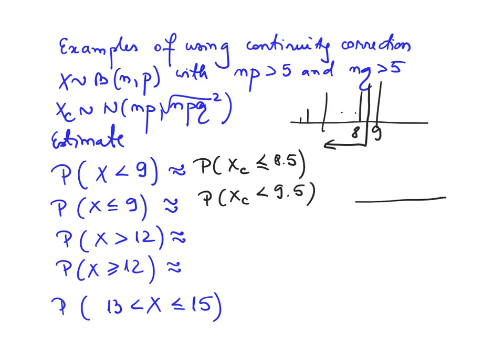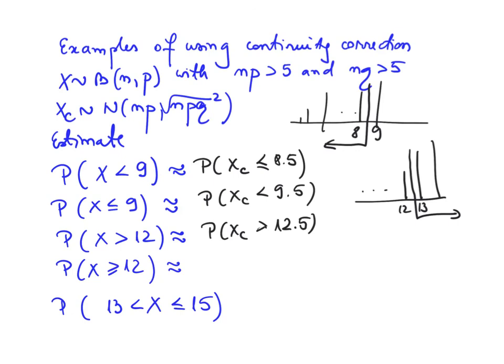Now I want the probability of x being bigger than 12. So 12, 13, 14, and so on. If I want x to be bigger than 12, I don't want to include 12. So that's going to be the probability of xc bigger or equal than 12.5, or just bigger than 12.5. It doesn't matter again.